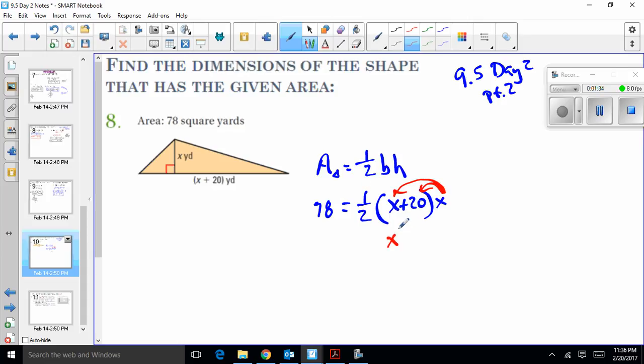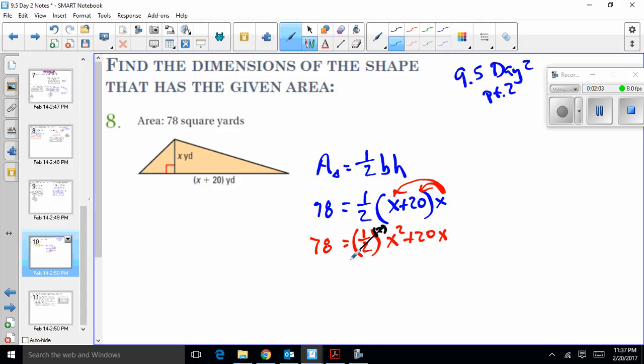So I get x squared plus 20x, and I'm feeling pretty good about myself, except for I still need to multiply everything times 1/2. Well, let's just not. What I'd like to do instead is get rid of this. How could I cancel this out? Oh, I know. I could multiply it times 2. I could double that and cancel that out. That's great.